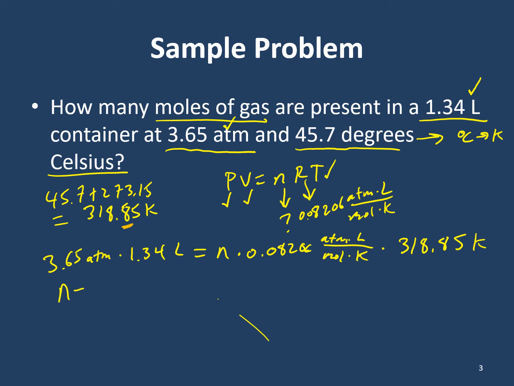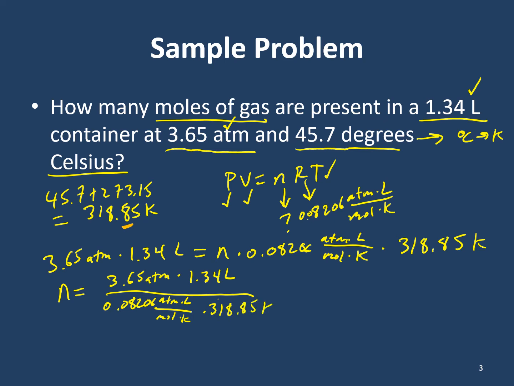So if we do that, n is going to be equal to 3.65 atmospheres times 1.34 liters all over 0.08206 atmospheres times liters over moles times Kelvin times 318.85 Kelvin.